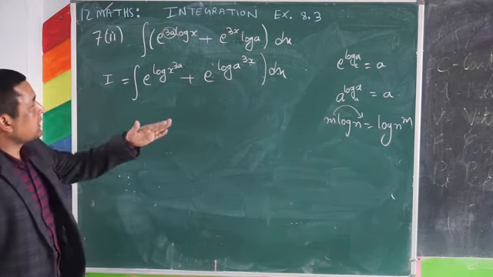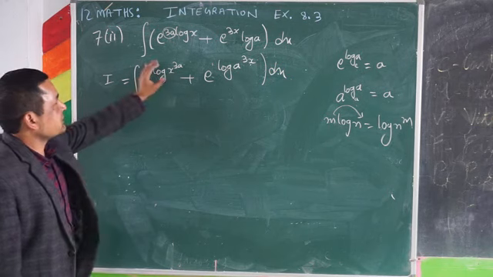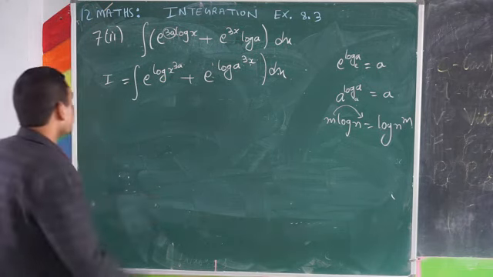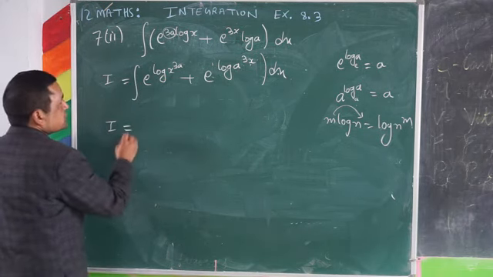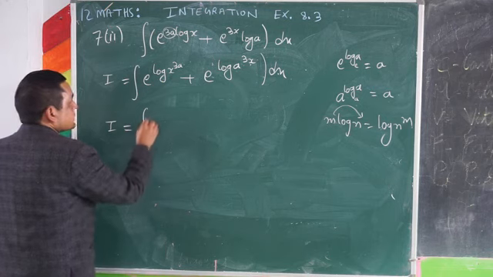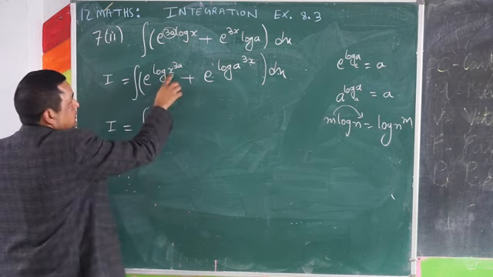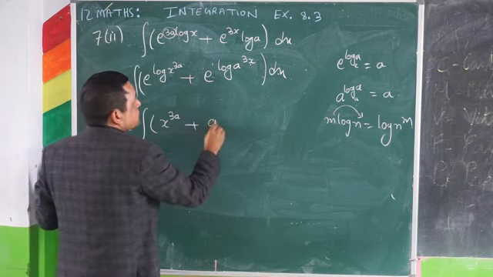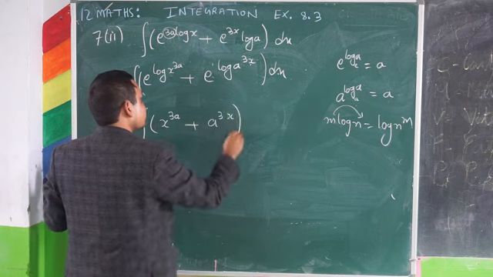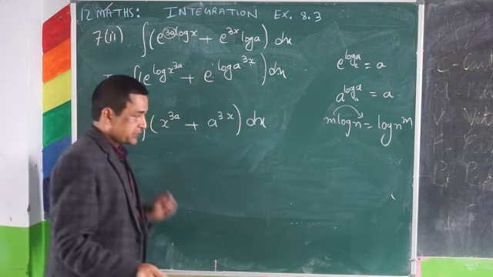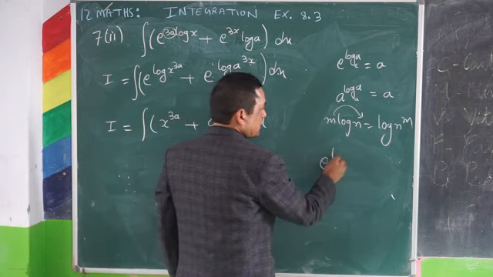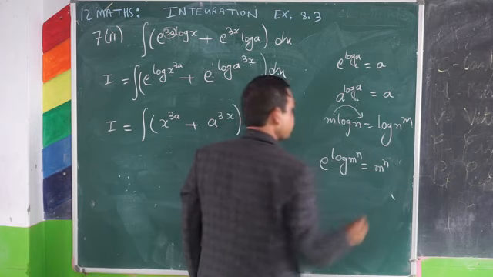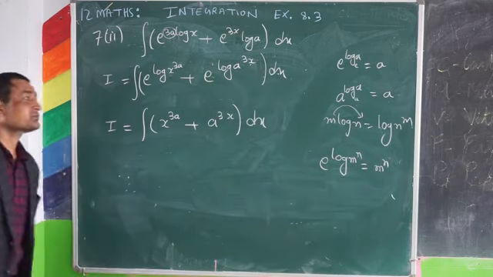Now according to the formula, e to the power log cancels, so what is left is x to the power 3, and a to the power 3x. Remember once again, e to the power log m to the power n means the answer is m to the power n. The same thing we are using here.